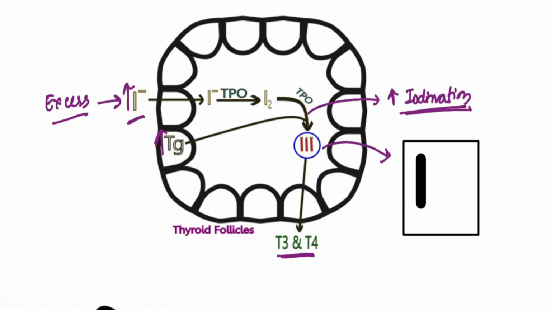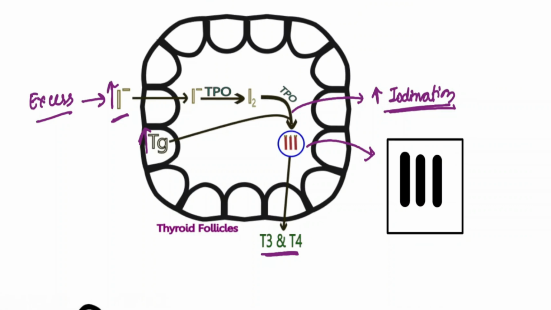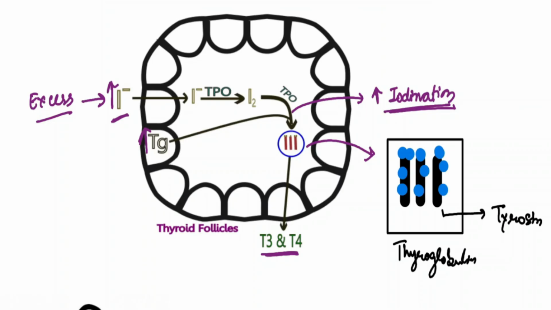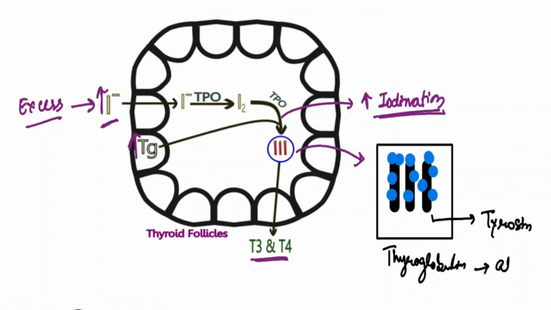Normally iodine attaches to the tyrosine residues to form monoiodotyrosine and diiodotyrosine in the thyroglobulin. But too much iodine leads to over-iodination of tyrosine residues. This alters the normal shape and structure of thyroglobulin.